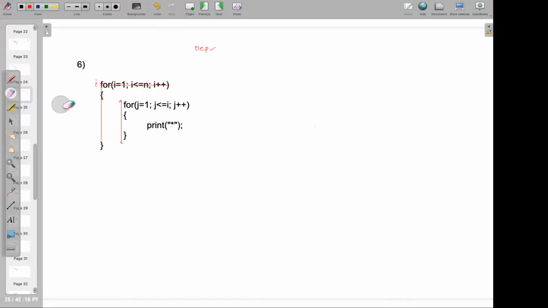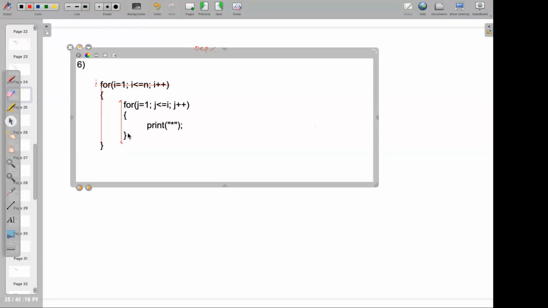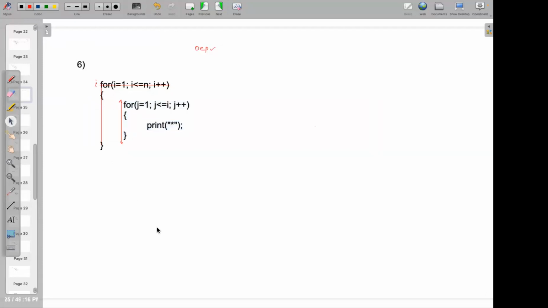Okay, maybe I will write it like this. I will take this part. Okay, so just tell me how many times this for loop, concentrate only on this for loop. This is very easy. This is template 1, right? This is template 1.